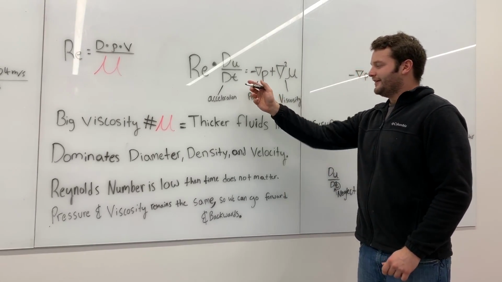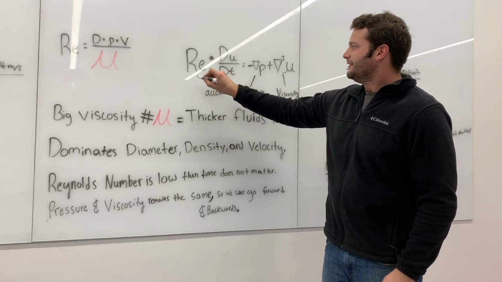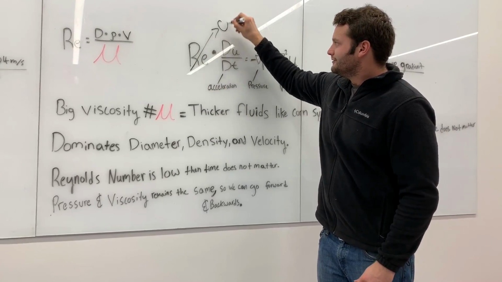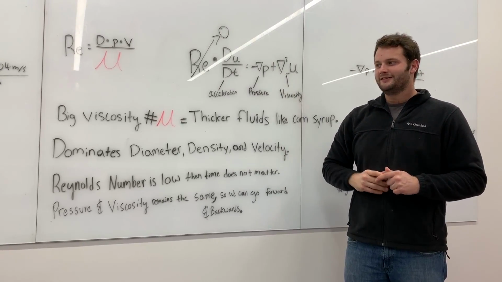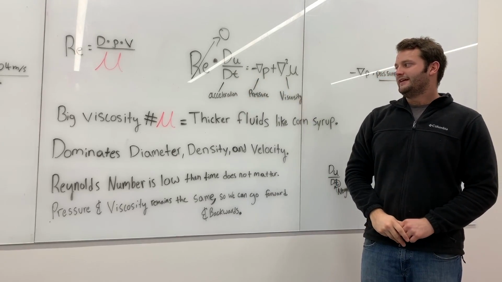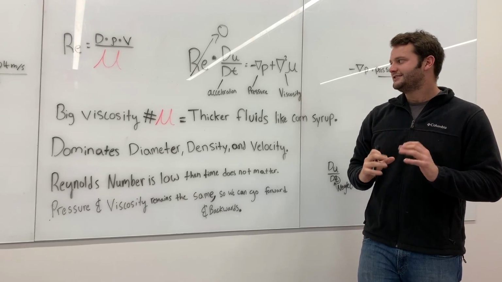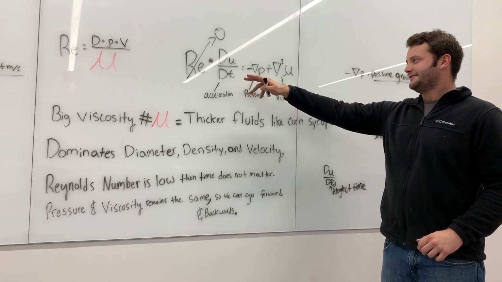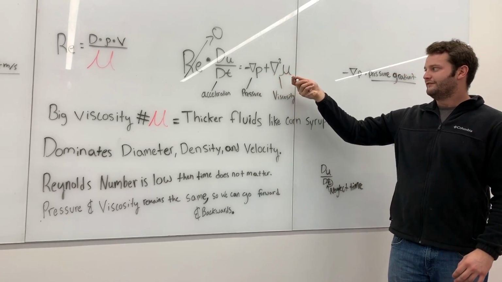So in the Navier-Stokes equation that we've researched, you can neglect the Reynolds number being 0. And whenever we neglect that Reynolds number, that means you can also neglect the time term. So you essentially neglect acceleration. And when you neglect acceleration, all you have is pressure plus viscosity.